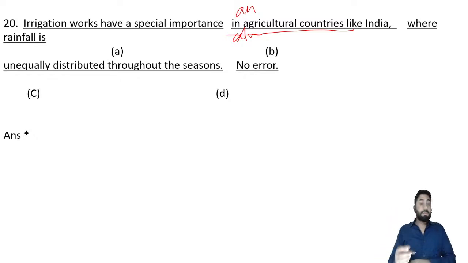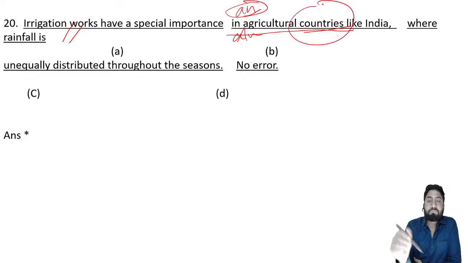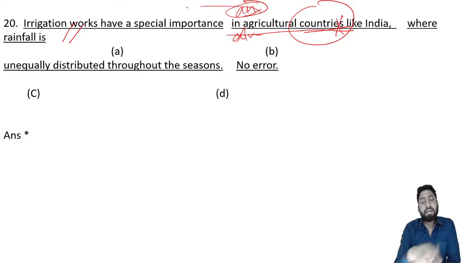Yes. Now, see, an agricultural countries. Irrigation works here, they're talking about all kinds of works anyway, right? This is a blunder. 'An' and then 'countries' — that's not correct, right? And 'an' के साथ you cannot take it plural. An agricultural country. या तो फिर this 'an' should अगर नहीं होता यहाँ पे, then you can go for 'in agricultural countries'.